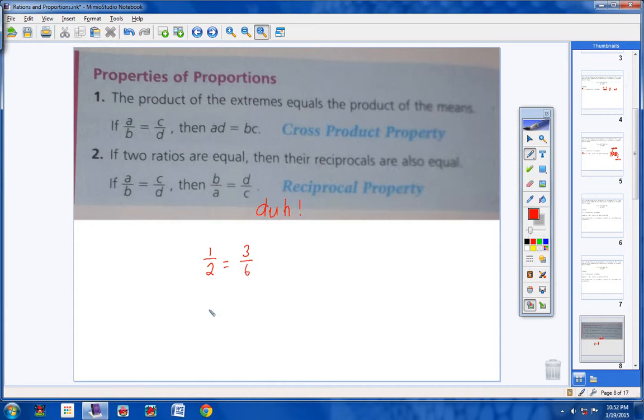So let's flip this fraction: 2 over 1 equals, flip this fraction, 6 over 3. Well, of course, 2 over 1 is 2. 6 over 3 is 2. So that is all that this property is saying: if you're given a ratio like this, you can flip both sides and they're still equal. But really, guys, we should know that. That's not any type of earth-shattering property.